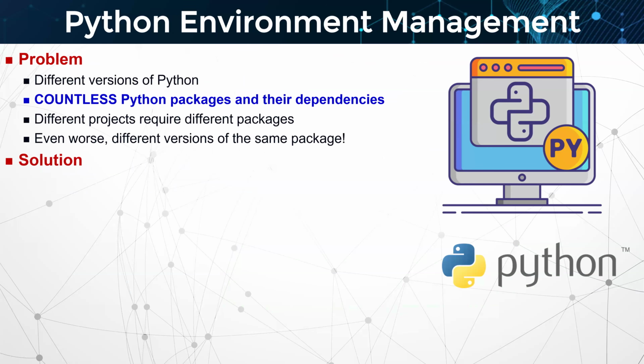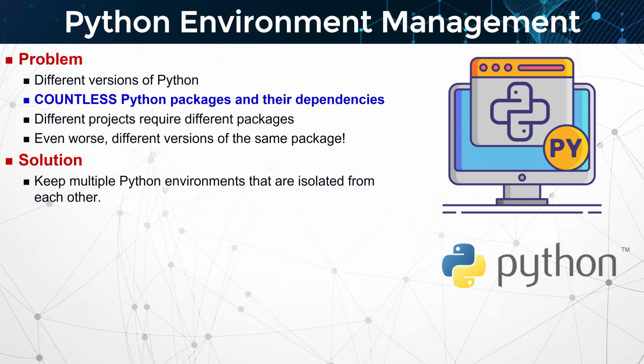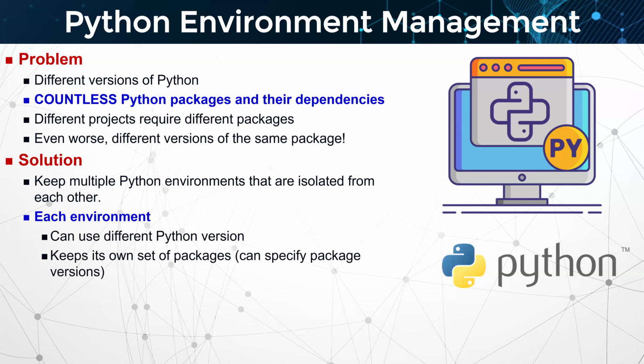So this is the main challenge, but the solution was to generate an independent Python environment to keep multiple environments isolated from each other. Within each environment, we can use different versions of Python, and we can keep a set of packages separate, and you can easily run.